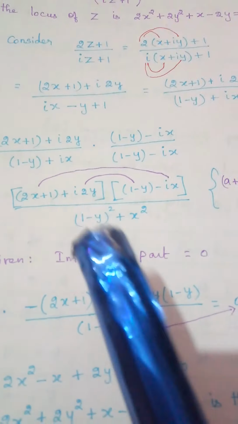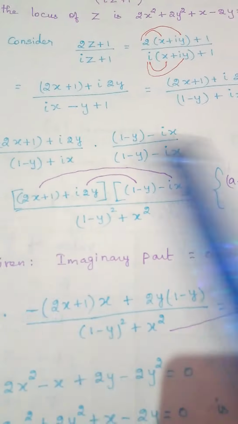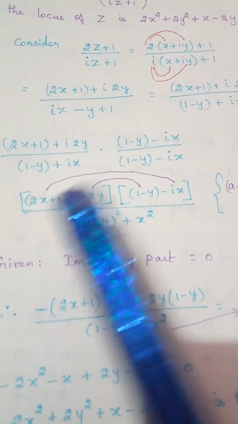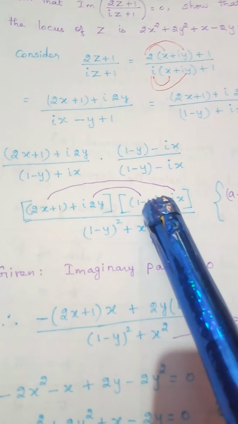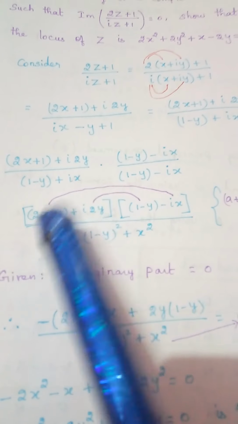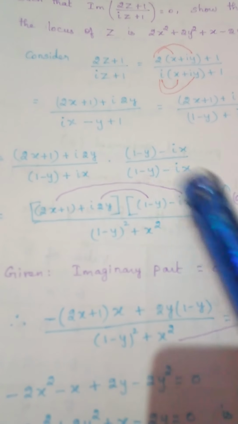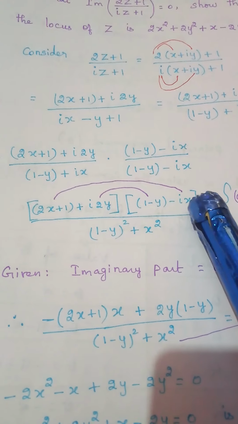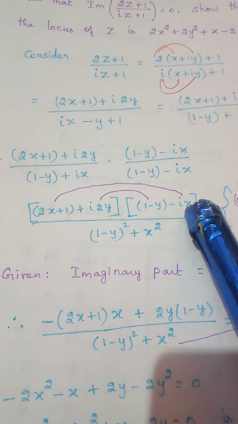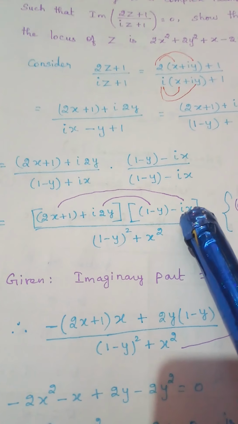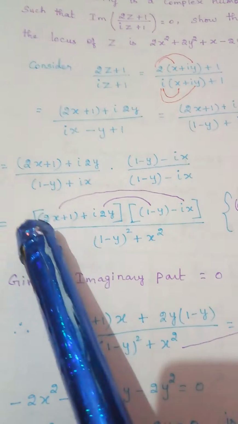So what we do is, while multiplying, we are not multiplying everything. Just we are seeing first bracket to first bracket, real part, I don't want. First term to fourth term, imaginary part. So leave i. What is the remaining? Minus x into 2x plus 1.